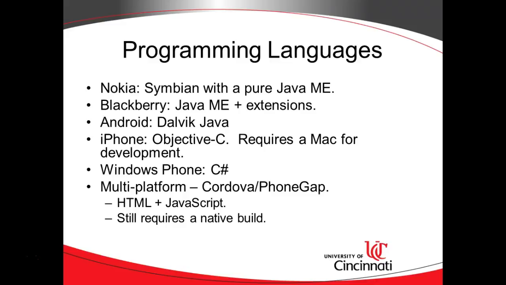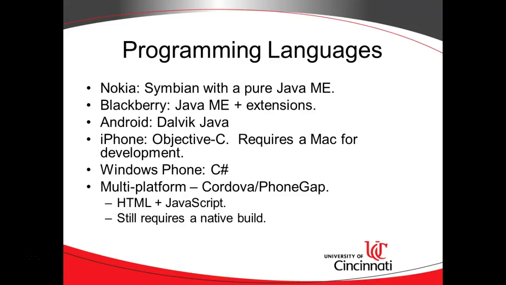So let's talk a little bit about programming languages. If we look over the history of programming the mobile world, around 2000 through 2010 or so, if you wanted to write a game or software for a mobile phone, Nokia and BlackBerry were really the two options, and they're two names you don't hear much anymore, which is a shame because they used a nice pure development model.